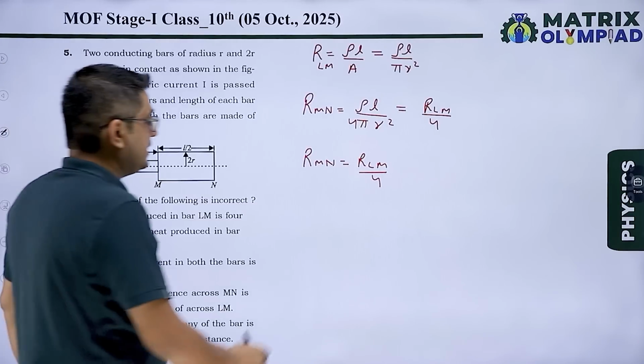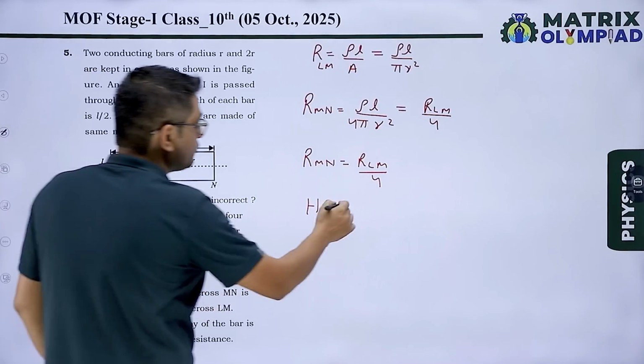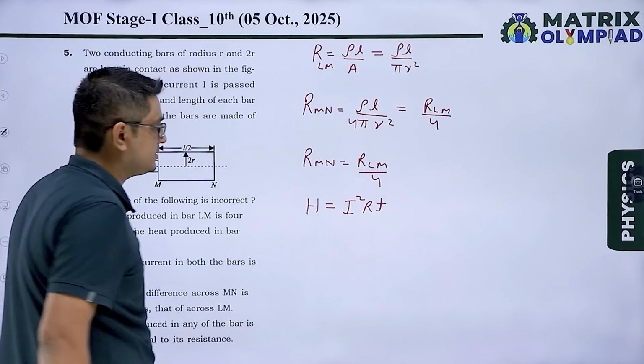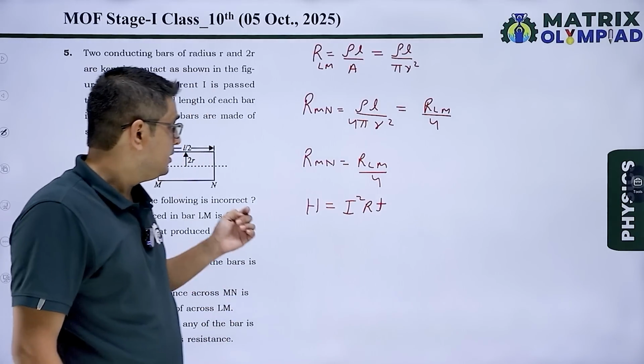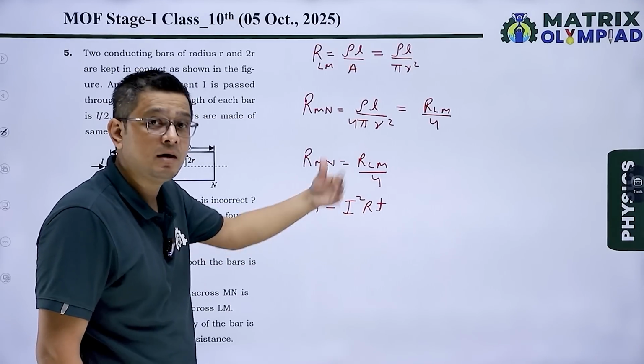We know that the formula for heat is given by I square RT, because both are in series. R is resistance. So we can see here the heat produced will be more for the bar having higher resistance.